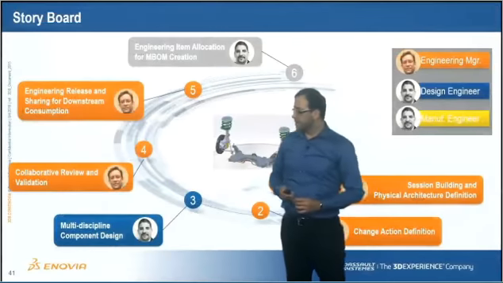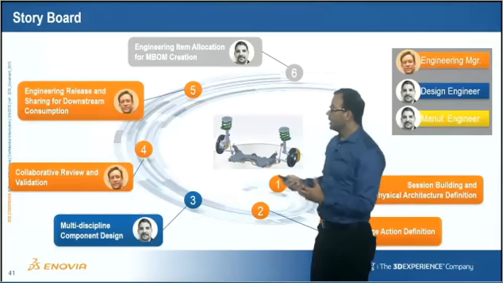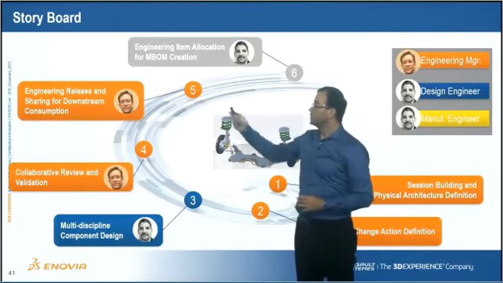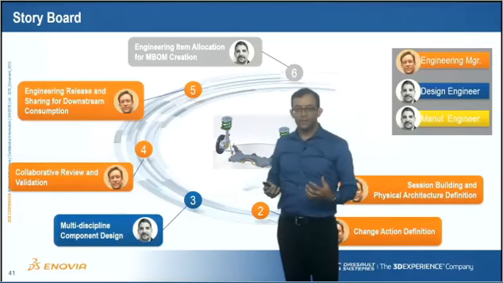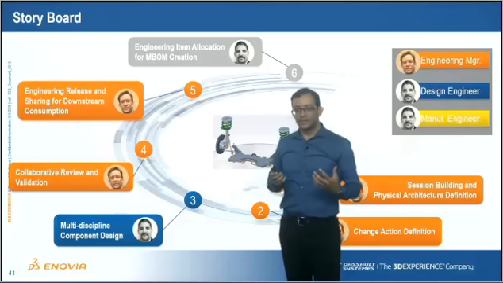Okay, now once this is done, I will hand it now to Garth in order to start working on the manufacturing definition while consuming this released engineering definition that was done earlier.